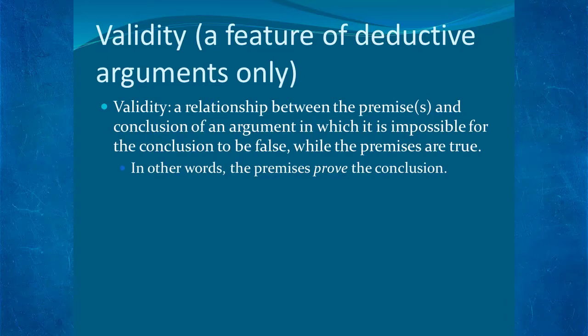Now notice my use of if and would. This is what's called counterfactual reasoning, and this is what's so difficult for many students to see here: I'm saying if these things were true, whether or not they are actually true does not matter to validity.